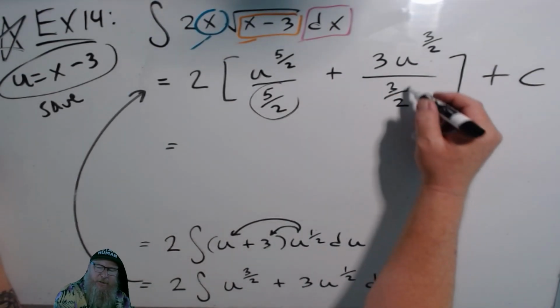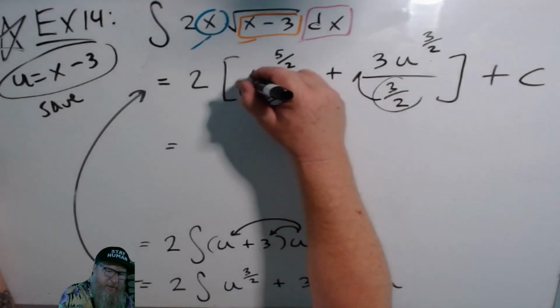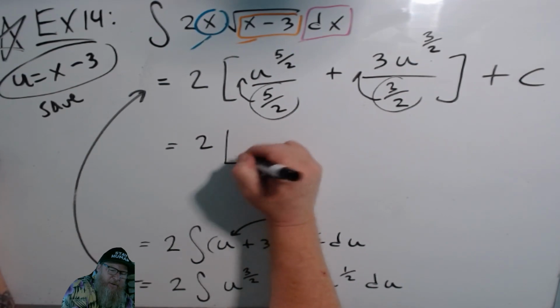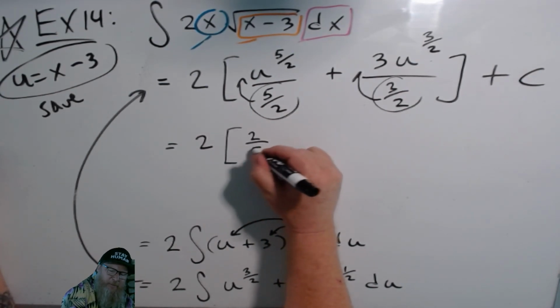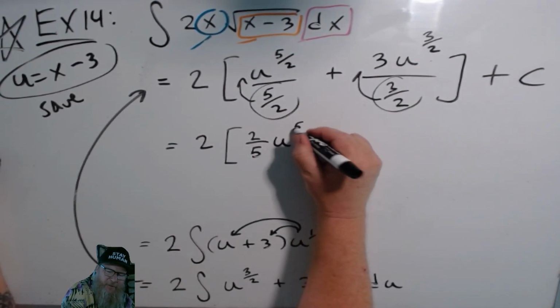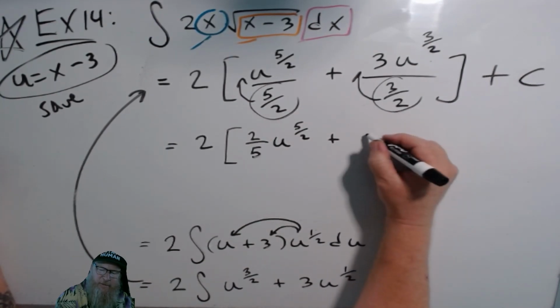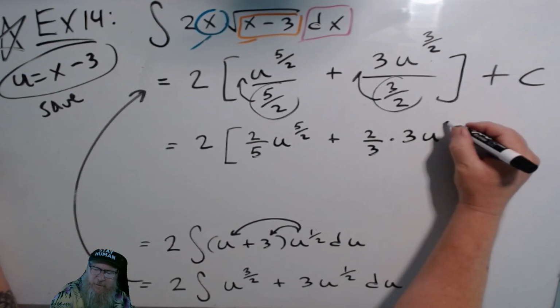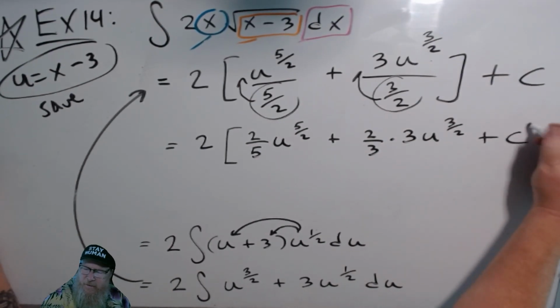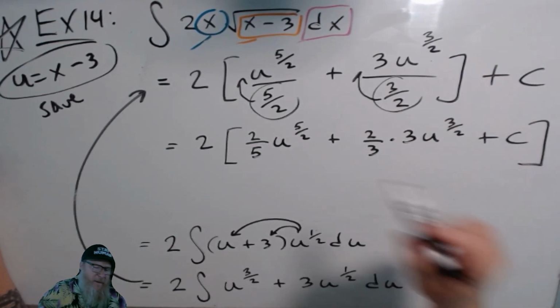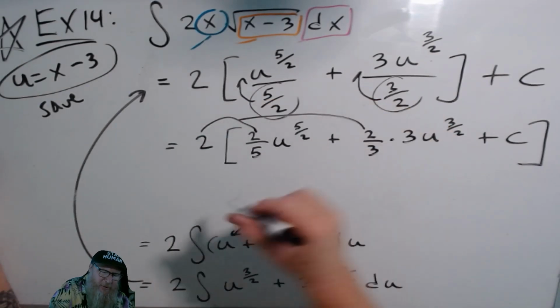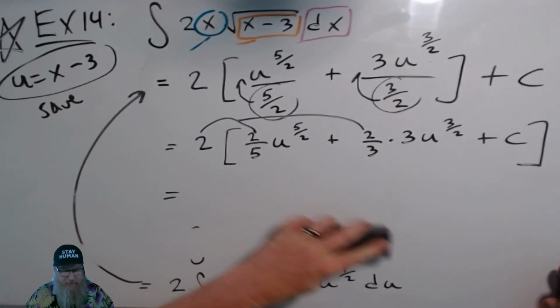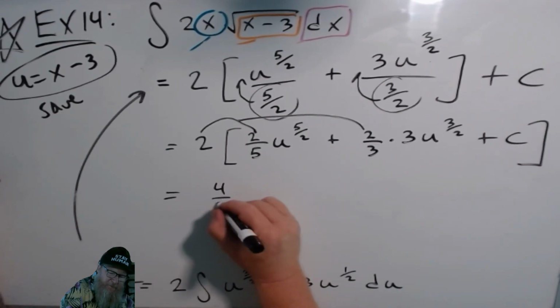And so what you're going to do is bring this up here and multiply. So that's going to be 2/5. That's going to be 2/3. And then you're going to distribute this 2 here. So you're going to get 4/5.